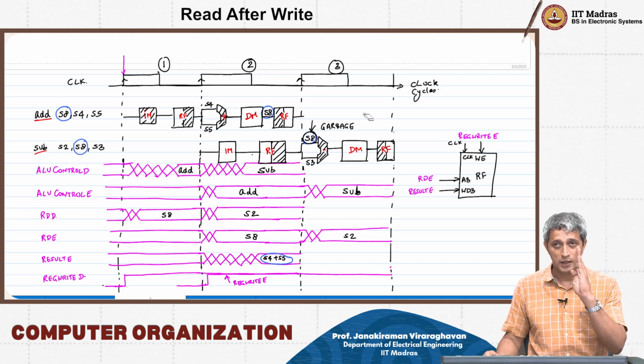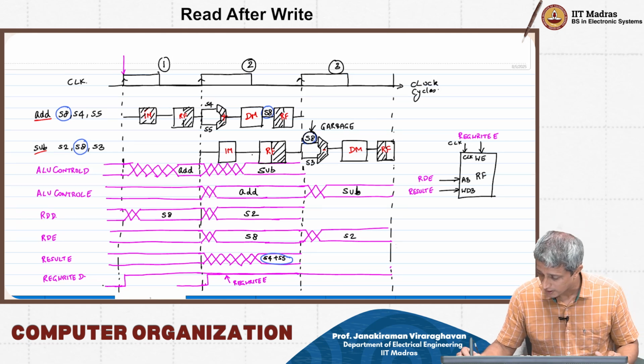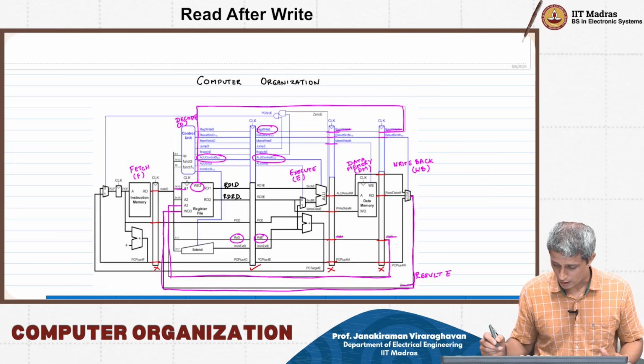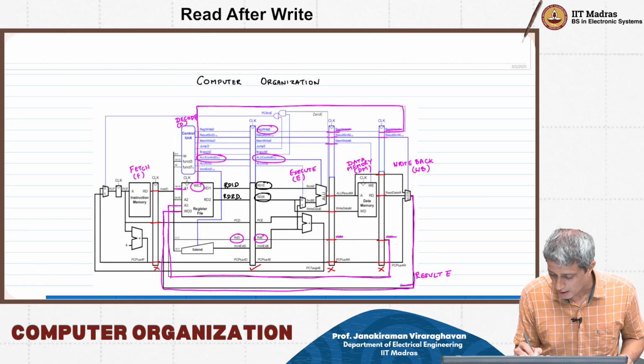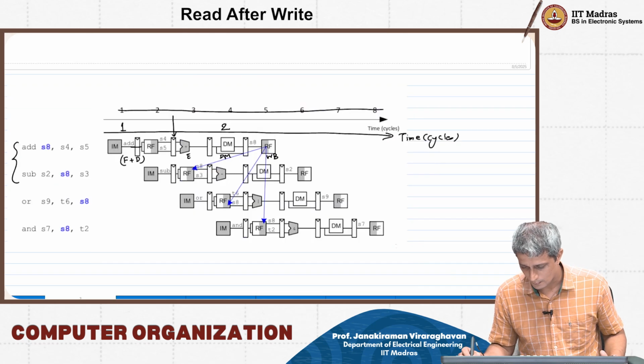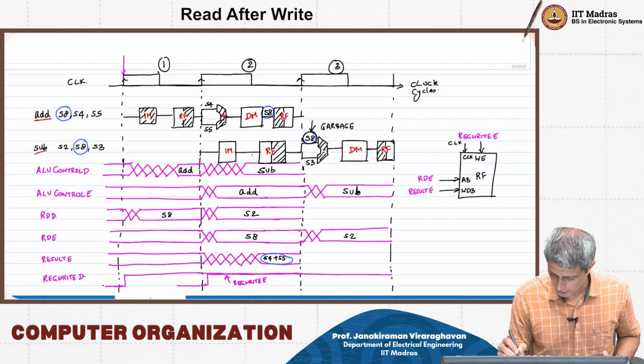Why? Because what we are actually looking at is this signal here. What we are looking at is RD1E and RD2E. So what are we looking at?